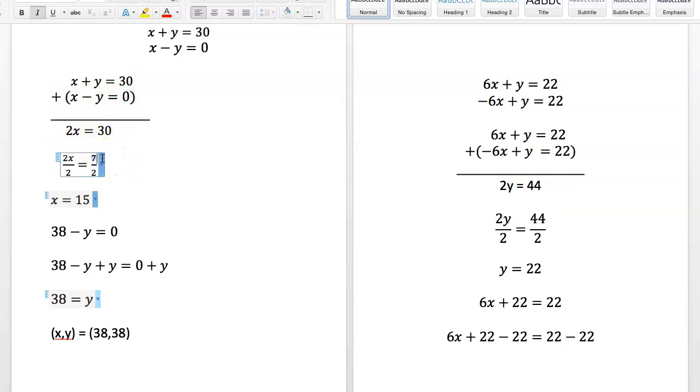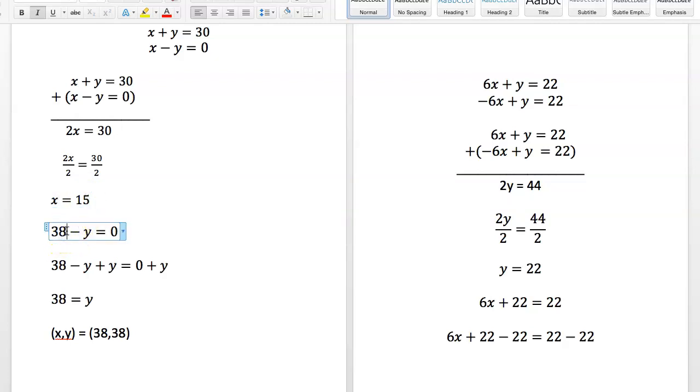Now again, we're doing 30. Now I need to divide both sides by 2. And I get 2x over 2 is 30 over 2. The 2's cancel, and I get x. Now 30 divided by 2 is 15. So there it is, we get 15.